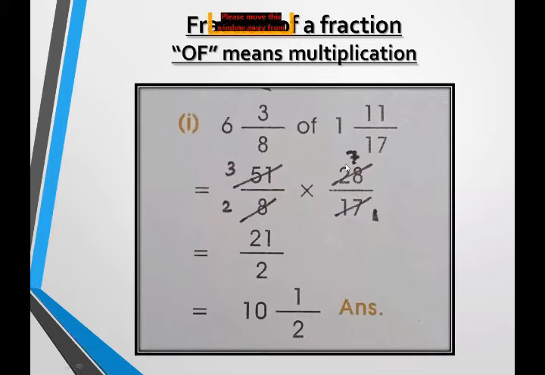Multiply 3 with 7 becomes 21 and multiply 2 with 1 becomes 2. Now 21 over 2, cancellation is not possible because both are different values, not divisible by any one value. So you can use the long division method for your answer.